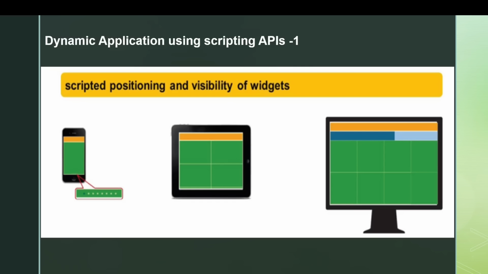We can control the visibility by using scripting, because the position and size on the medium screen, that is the tablet, are changed. So we can first check the size of the screen and maintain the visibility of the widget accordingly by using scripting. Same as the desktop view of this strategy, we can set the visibility of important widgets first, and we can control each and everything by using scripting.